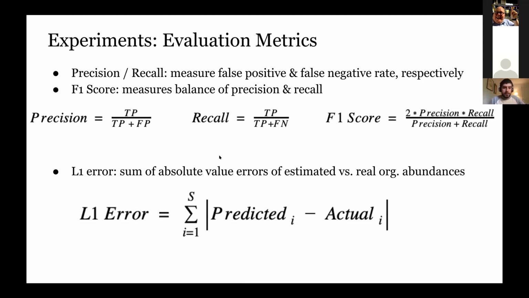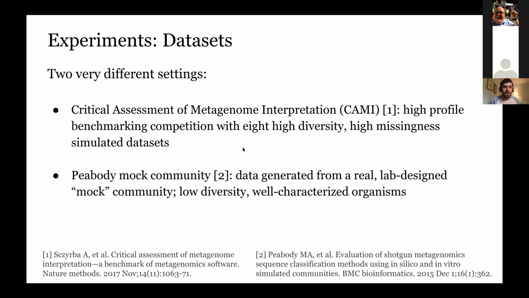Okay, so these are the evaluation metrics and the data sets we tested. People in metagenomics have probably heard about this big benchmarking competition called Critical Assessment of Metagenome Interpretation, which came out a few years ago in Nature Methods.